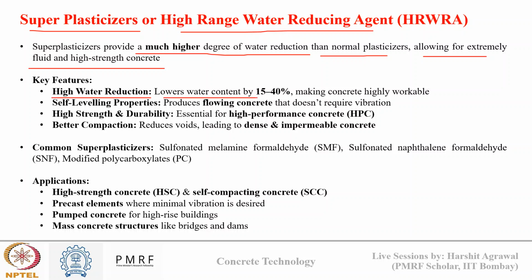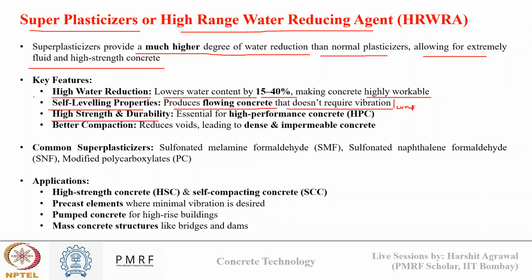They can lower the water content by 15 to 40%. Earlier we saw 5 to 15%. Here we have 15 to 40%, making concrete highly workable. They have self-leveling properties, so they produce a flowing concrete which doesn't require any vibration or compaction.